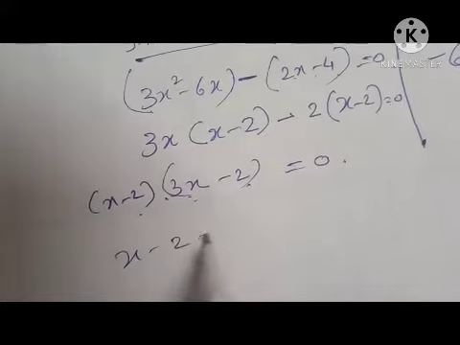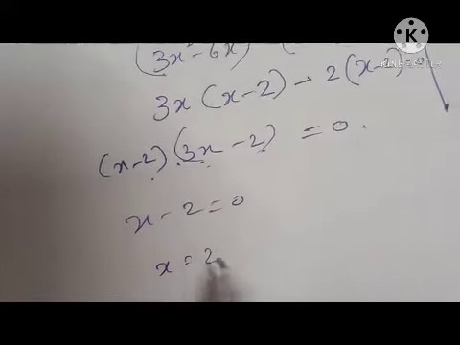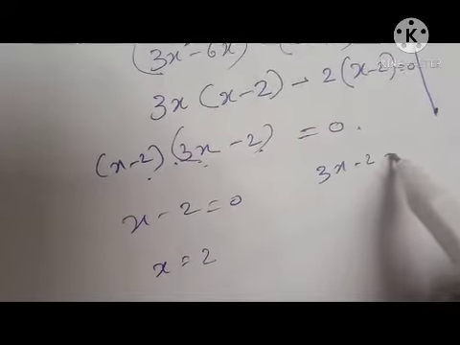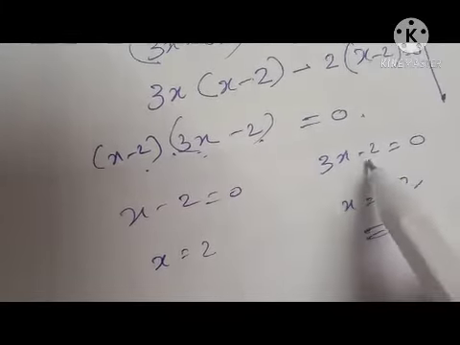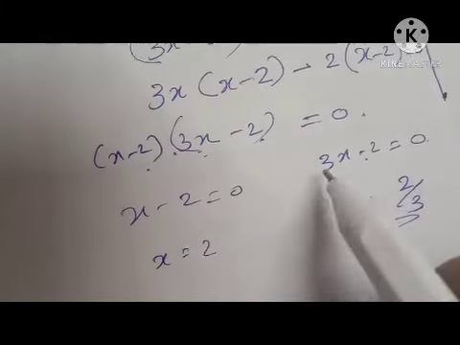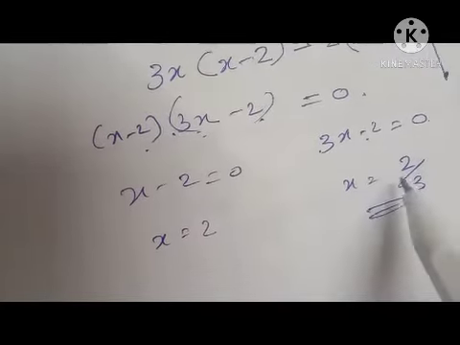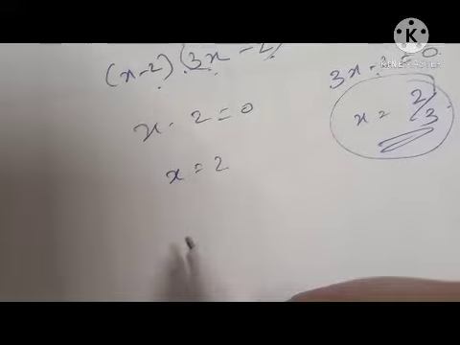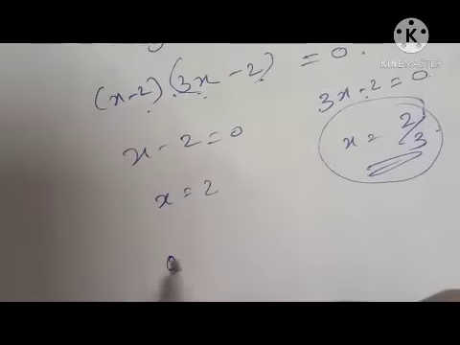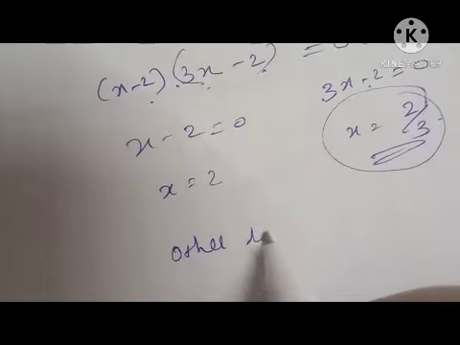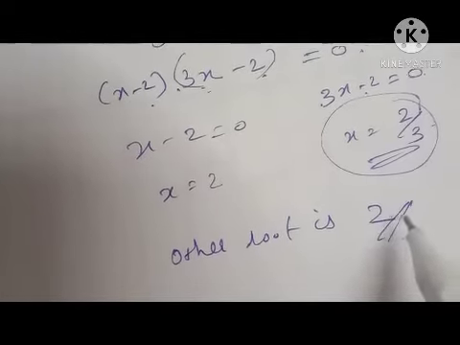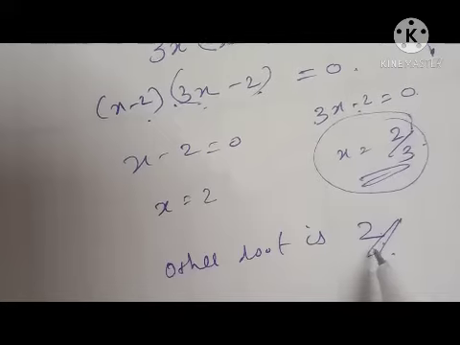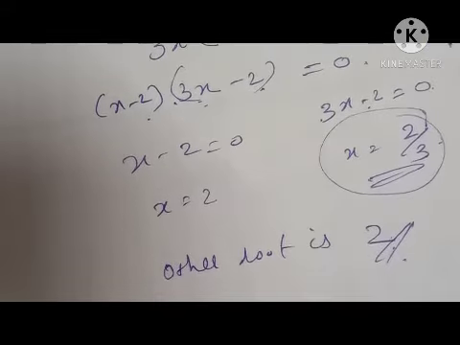Then x minus 2 equals 0, so x equals 2. 3x minus 2 equals 0, so x equals 2 by 3, right? This 2 comes to here as positive 2, then this as division. This root is already given, so we have to write the other root. The other root is 2. The other root of the equation is 2, that we should write. It is a 3-mark question.